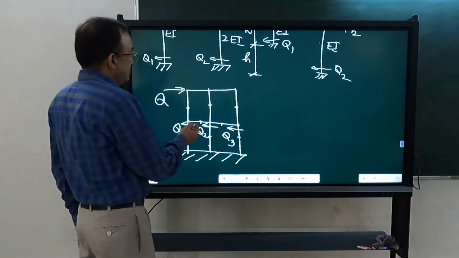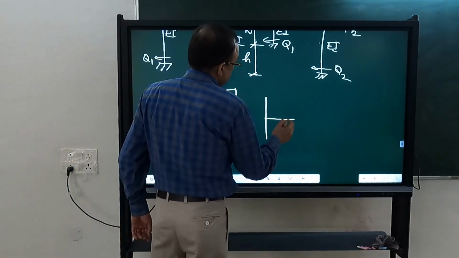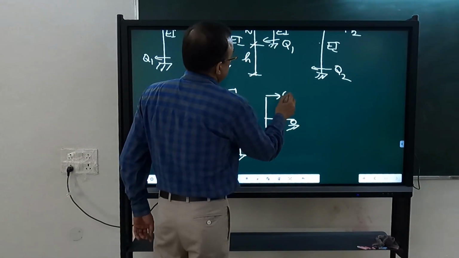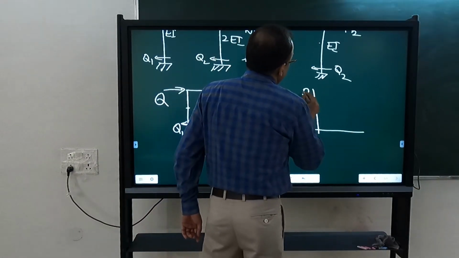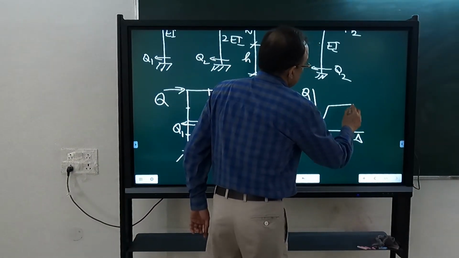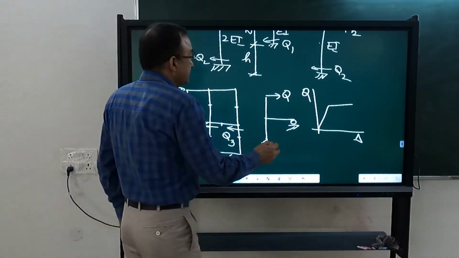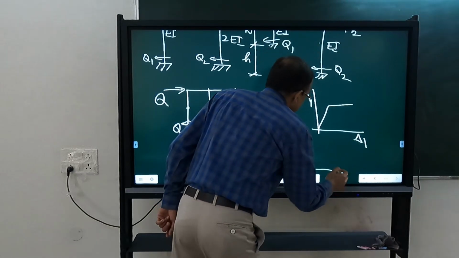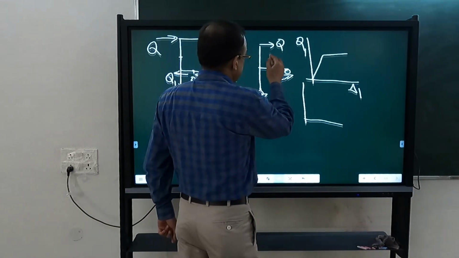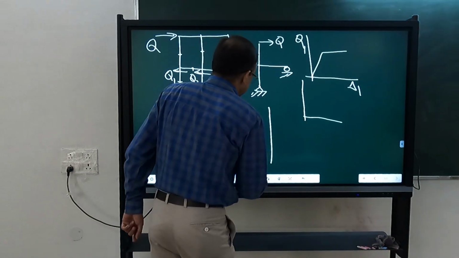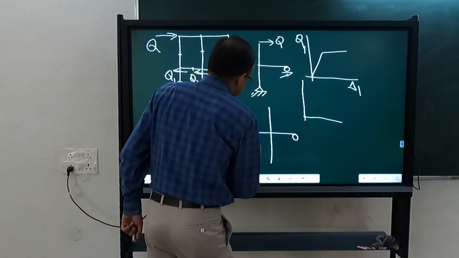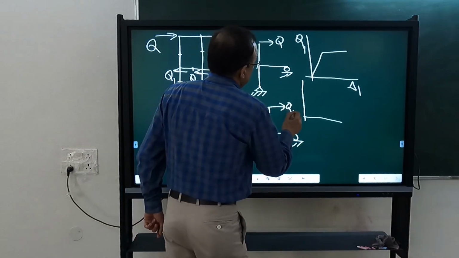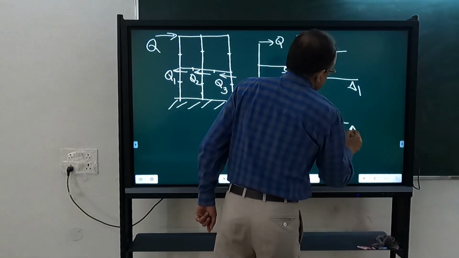This assembly, we have already calculated Q versus delta. Let me call it Q1 versus delta 1. We have calculated similarly for the second assembly, Q2 versus delta 2.